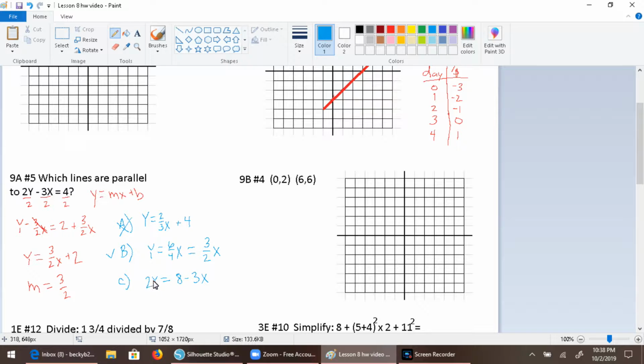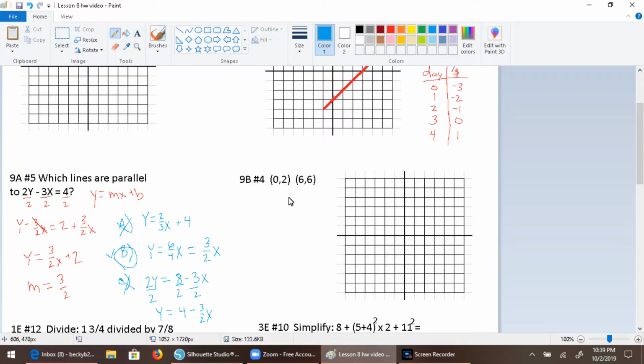So again, to really analyze what the slope is, we need to divide by 2. We need to get y all by itself. So if we divide by 2, then it's y equals 4 minus 3/2 x. At first that might look the same, but this is a minus 3/2, and this is a plus 3/2. So that's not going to be the same slope. So our answer is B.